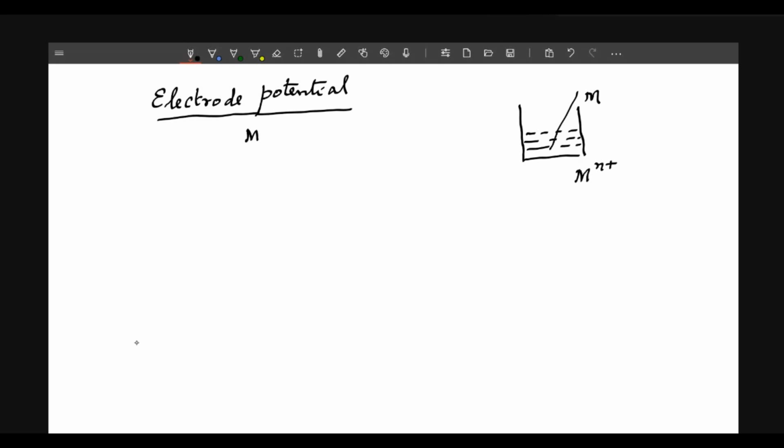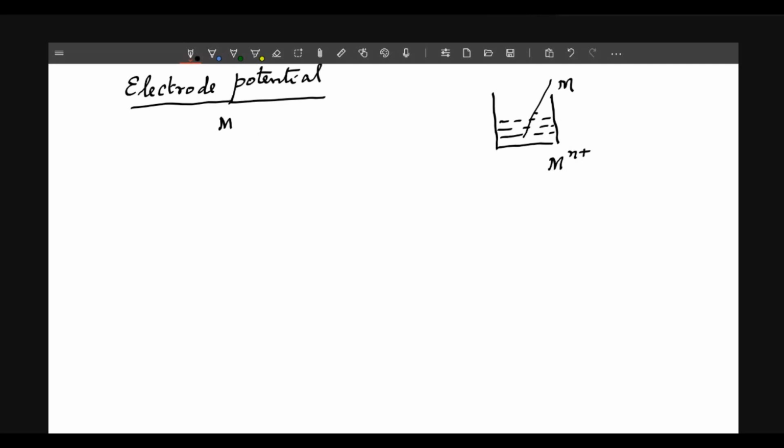Depending upon the nature of the metal, either one of two phenomena is possible. One is that the metal has more tendency to form cations, releasing electrons. That is, the metal has the tendency to undergo oxidation. This process we call de-electronation, the electron is removed.